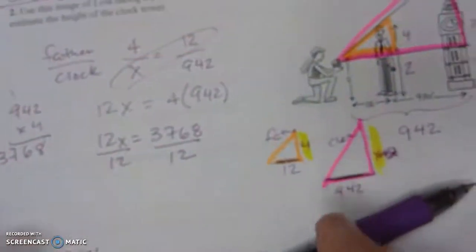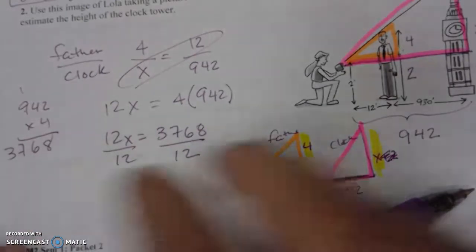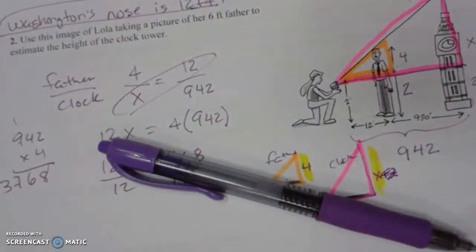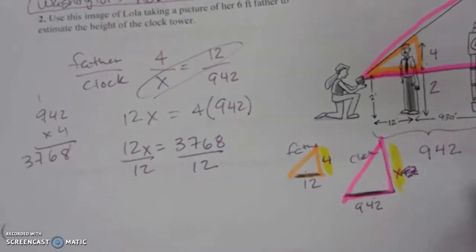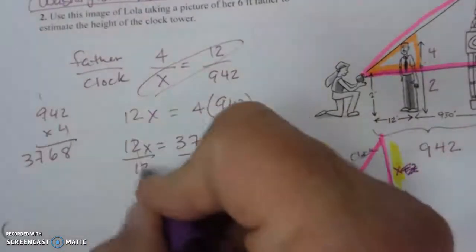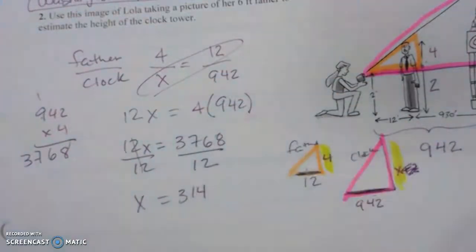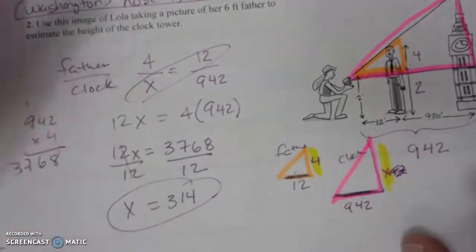I think I'm going to go to the calculator for this one. I do not have the calculator out, so let's open it up. I'm going to Desmos's scientific calculator on my computer, but you can't see what I'm doing. Let me pause. Okay, so I went to my calculator and I found out that 3768 divided by 12 equals 314. So what that tells us is x is 314.